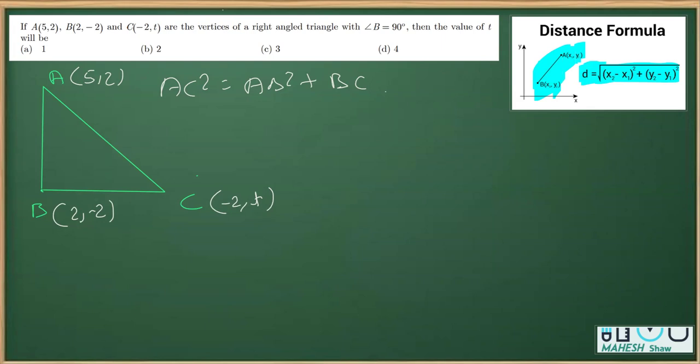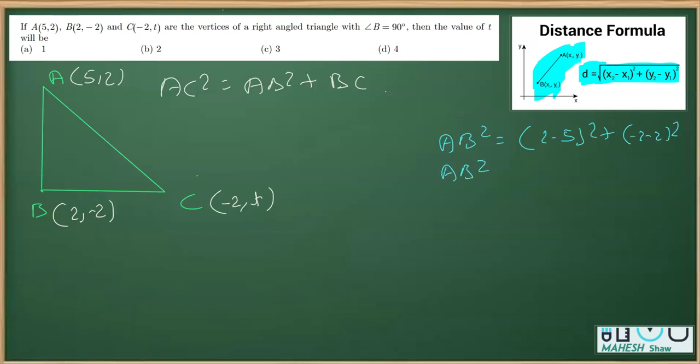I'm first finding AB. Since we need AB square, we do not require the under root. So AB square is (2 minus 5) whole square plus (minus 2 minus 2) whole square.